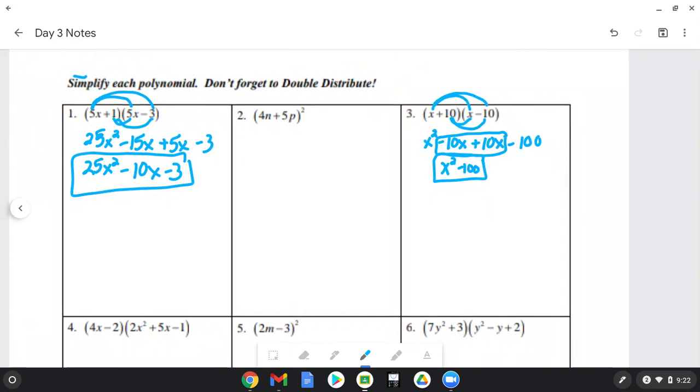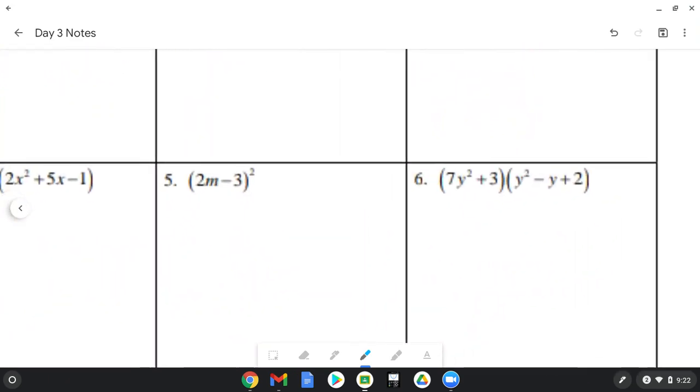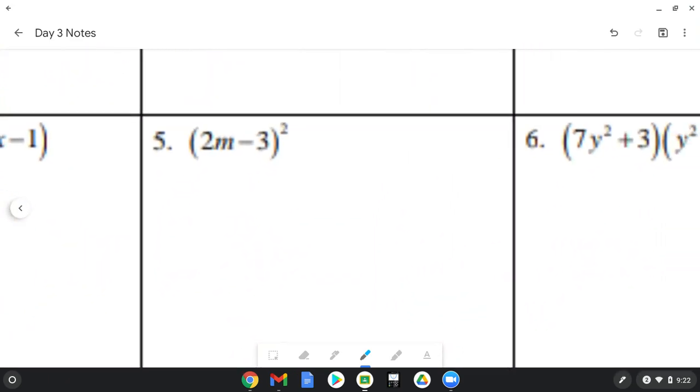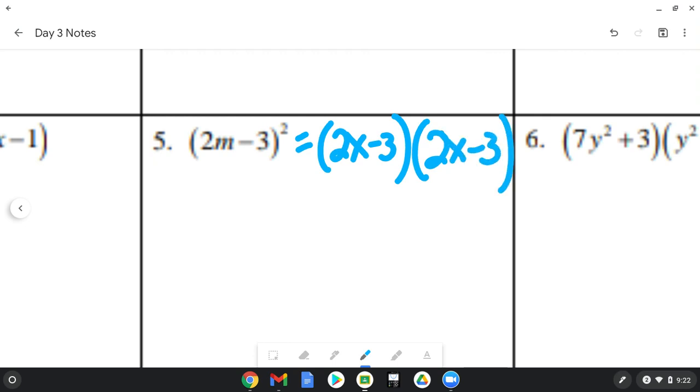Number 5. If I see something squared, this is where I'm going to write it twice. When we multiply these, the first term would give me a 4x squared. The first term by the second would give me negative 6x.